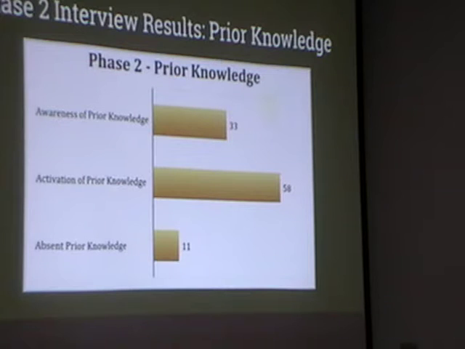But they were able to say, and I revised, and I got with my friend, because we've been doing peer review together. So they could talk about using the knowledge more than they could say, oh yes, I remember that we did that in English 1020, and now I use it today. And interestingly, the absent prior knowledge stayed the same. So pretty much, if they hadn't known something before, they still couldn't count on it. They hadn't encountered it since then.